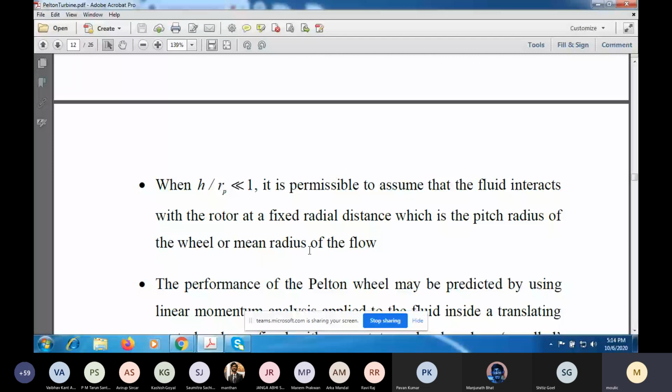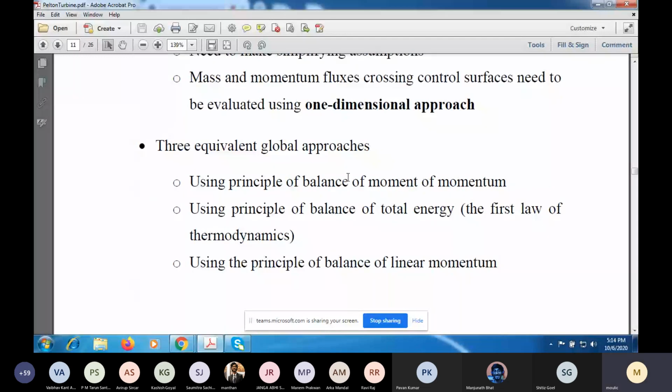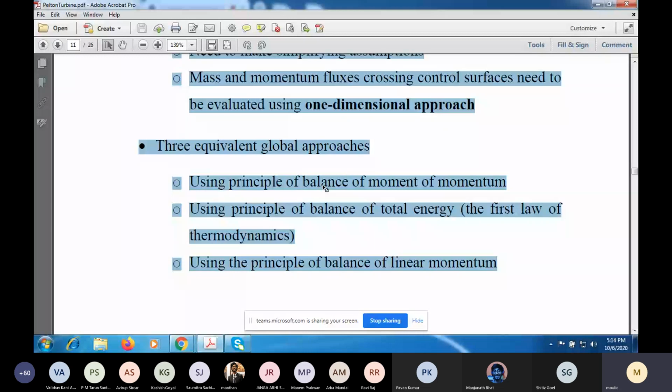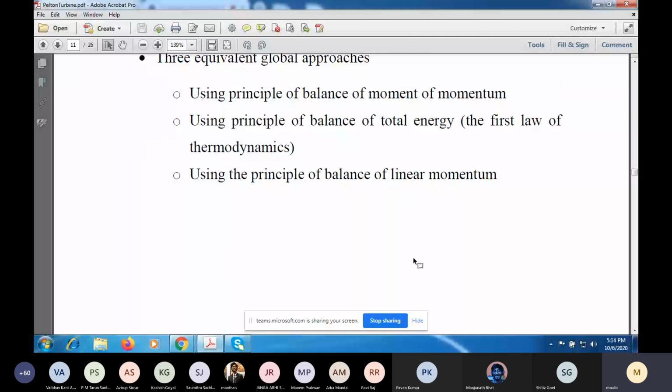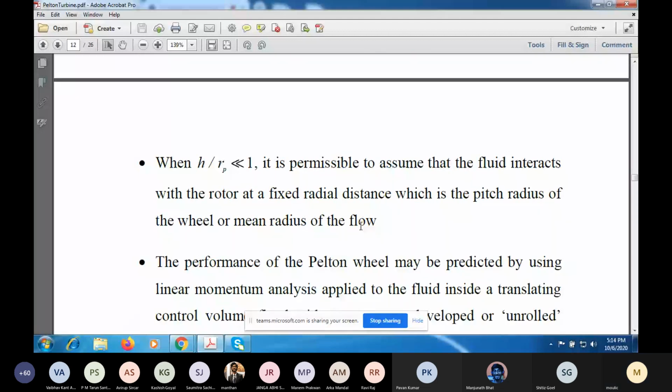Okay, that means if I use the principle of balance of angular momentum, the moment arm we can approximate at both the inlet and outlet by the radius of the wheel. Okay, and that is why the balance of angular momentum and balance of linear momentum will give you the same answer. That will give you the same answer only when you say the moment arm is constant at inlet and outlet. So we'll use a simple analysis.